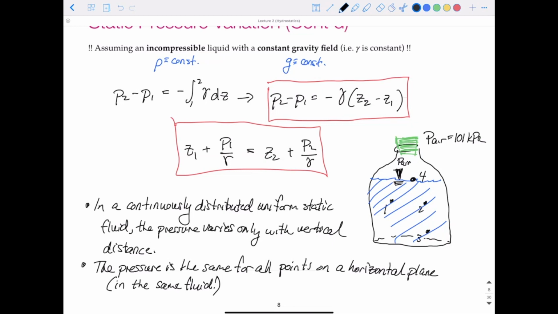P1 can be our atmospheric pressure, PA. So we can rewrite this: P2 is equal to PA minus gamma z2. And if we choose our reference z1 at the open free surface to be 0, then it's just minus 0. So we just have this equation. So that's all that is happening.